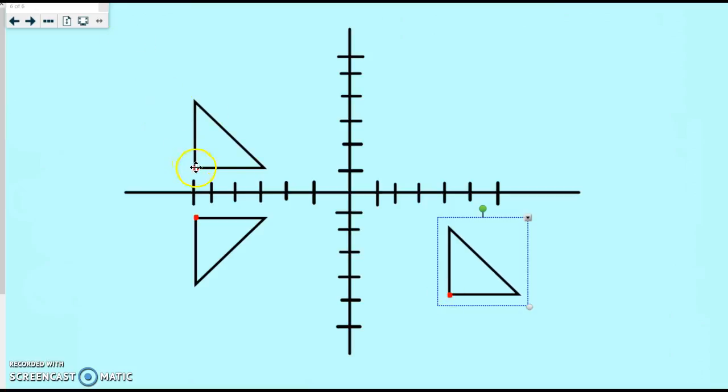So here I've moved it across the x-axis by 11 to the right, and 1, 2, 3, 4, 5, 6 down. And that's everything you need to know about translations, reflections, and rotations.